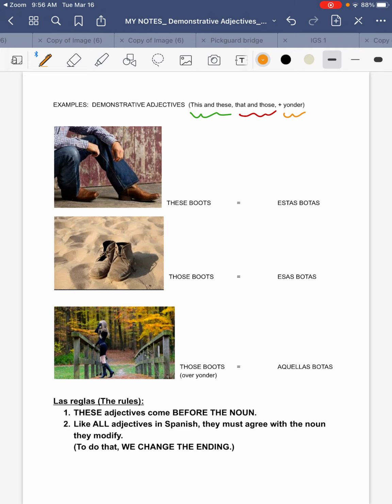Now these are adjectives. We know in Spanish a couple things about adjectives. Adjectives must agree with the nouns that they modify. Right? You see me highlighting that down at the bottom. So when we look at these boots here, estas botas, these boots. Estas botas, a feminine plural. Maybe I'm talking about those boots over there.